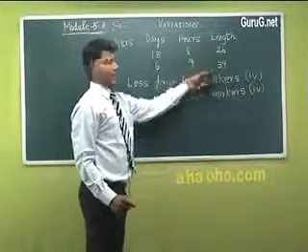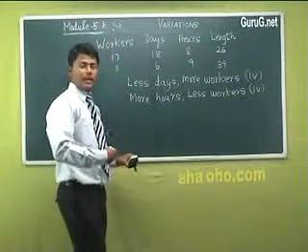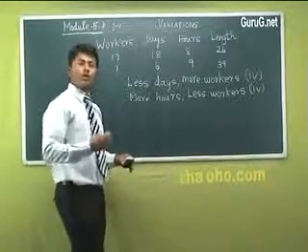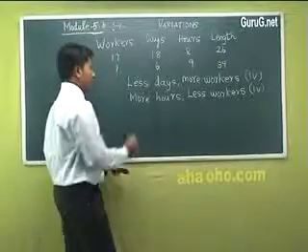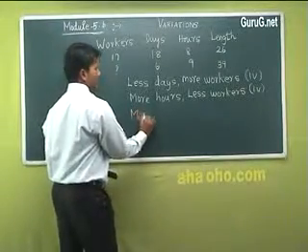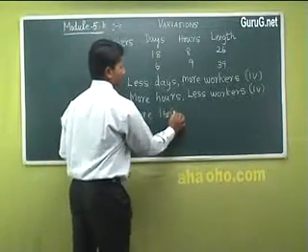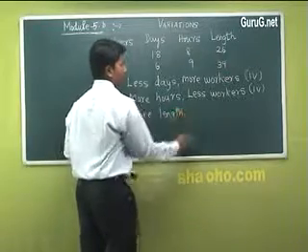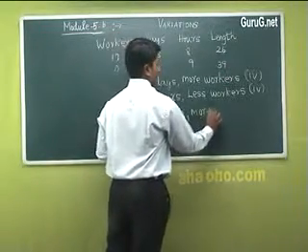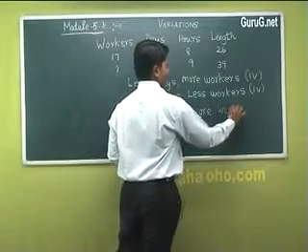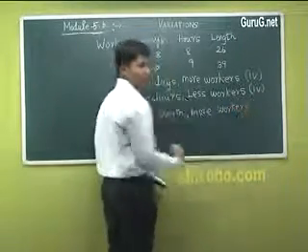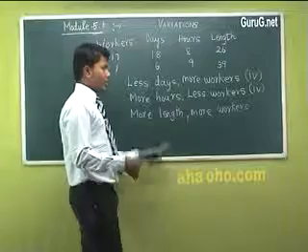As the length increases, if you want to dig a tunnel of greater length, you need more workers. As the length increases, more length, more workers. When one quantity increases, the other quantity also increases.